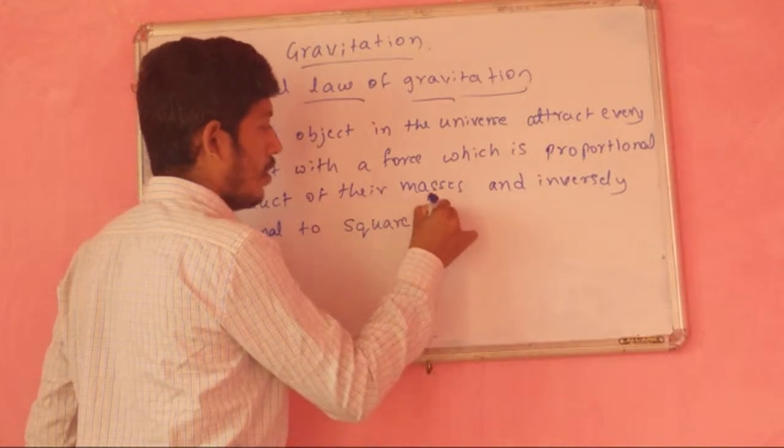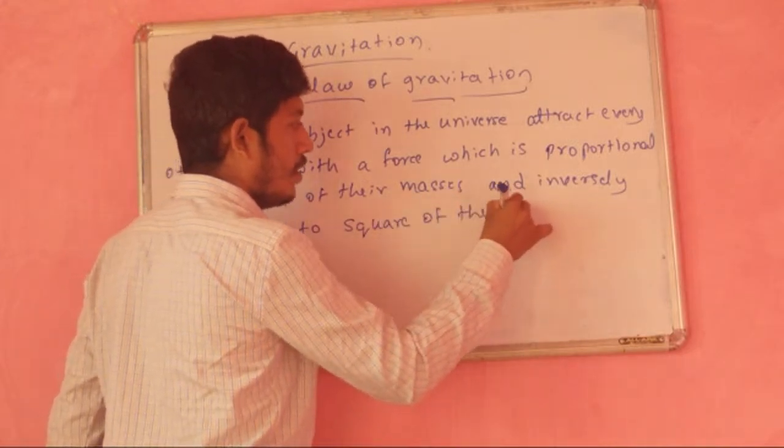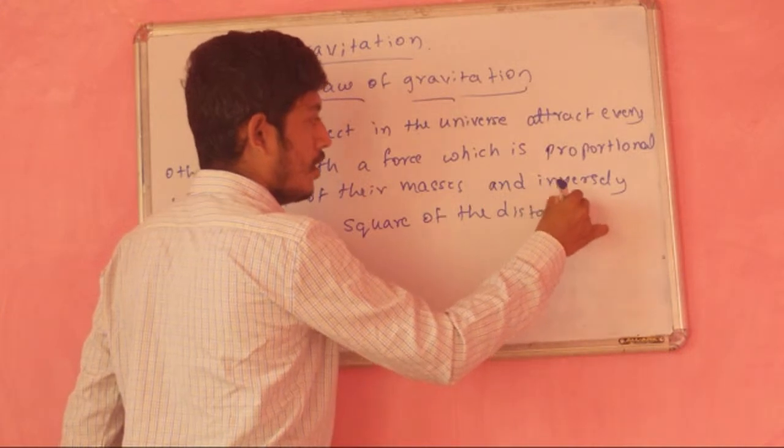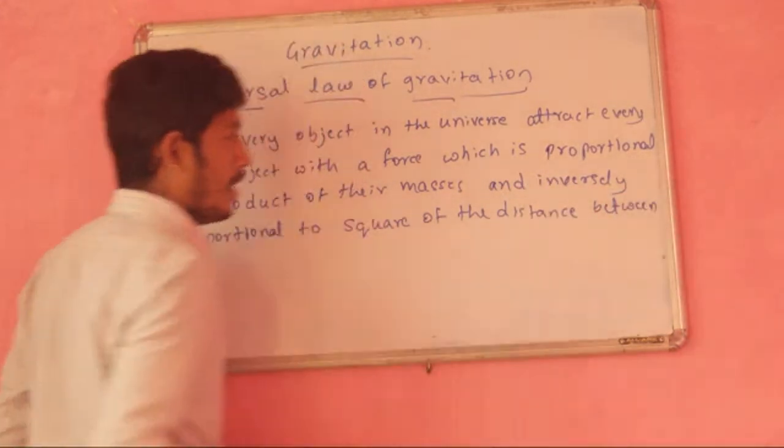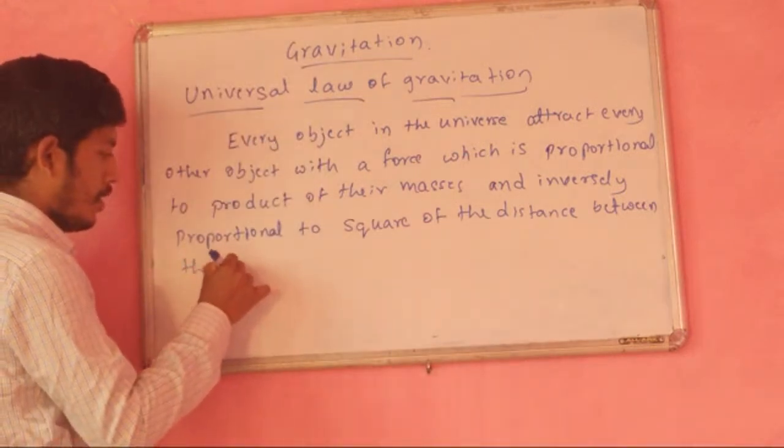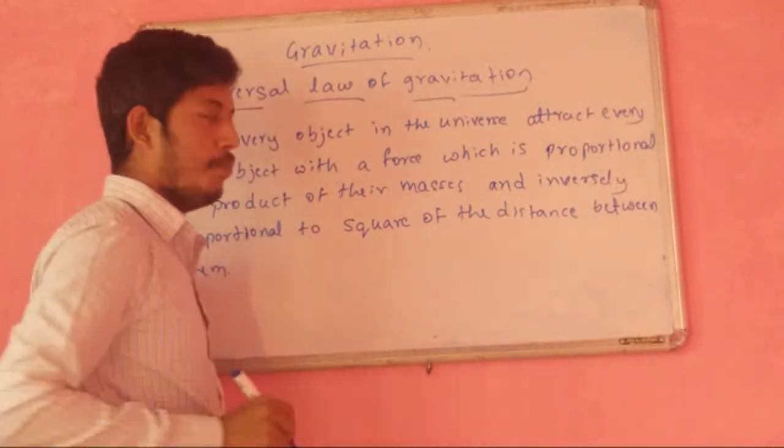Here between them means between the two objects.